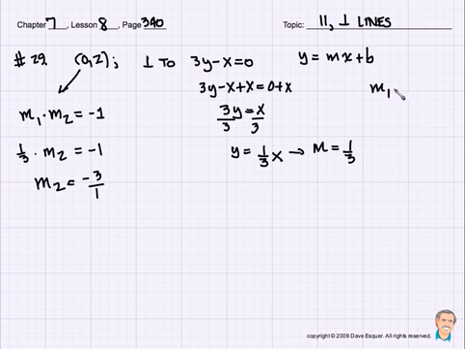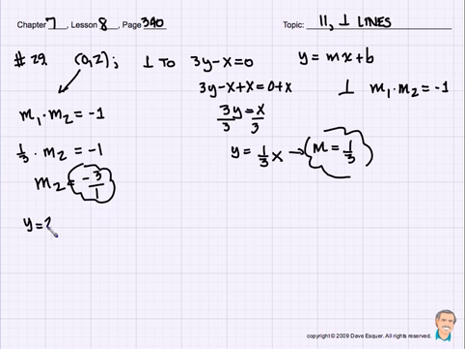Remember, when we multiply them together, m1 times m2 has to be equal to -1 if the lines are going to be perpendicular. So we used this one, found out its slope was 1/3. That gave us that information. Well, it turns out that the slope of this line that's going to be perpendicular to that has to be -3 over 1. So we have that piece of information.